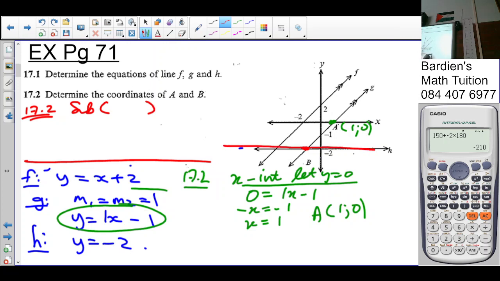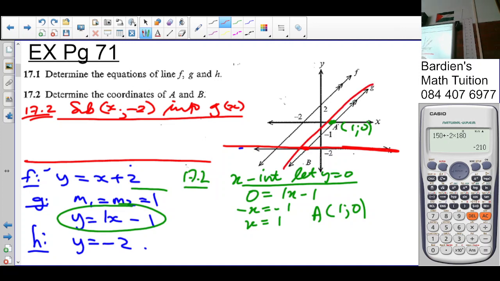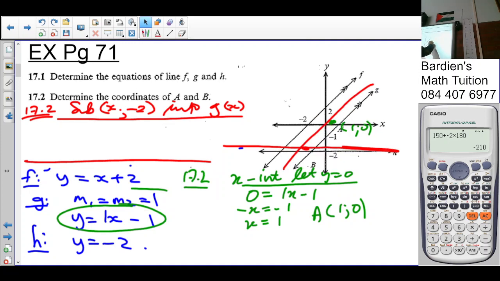It's on this line here, so that has a consistent y value. Negative 2. So it's x at negative 2. So you'll substitute y at negative 2 into the equation of G. Why? Because B is also on the line of G. Can you see that? Yes. Okay, it's also on this line here.